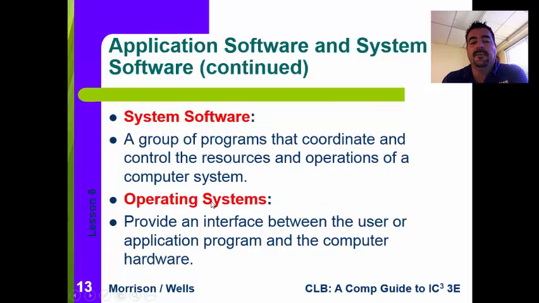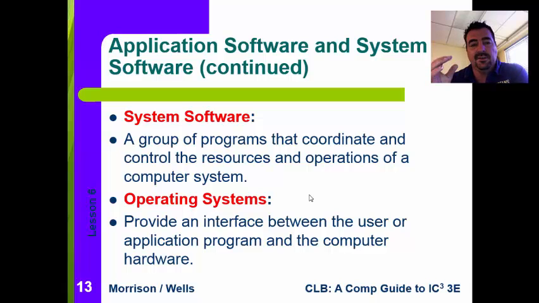software. In system software, it's basically a group of programs that coordinate and control the resources and the operations of the computer system. And I mentioned a little earlier, similar if I wanted to change the brightness on my screen from my iPad, I'm going to be going into the iOS 7 or iOS 8 or iOS 14, whatever it is nowadays, and I'm going to go to my settings icon, and I'll go into and change that setting there.